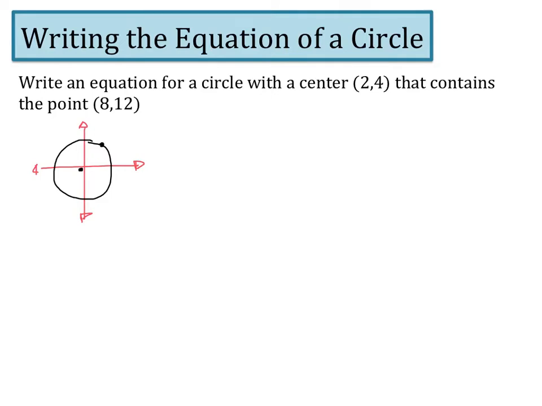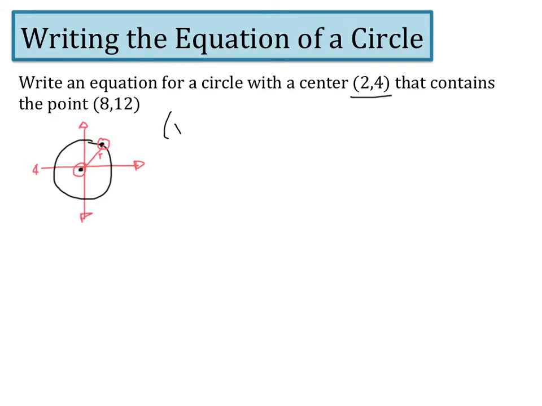So remember, to write the equation of a circle, we need the center and the radius. So the distance from the center to that point, that's going to be our radius. So what we have to do is to find the distance from the center to the point. And the good thing about this is that we can use the same equation of a circle to help us find the radius.